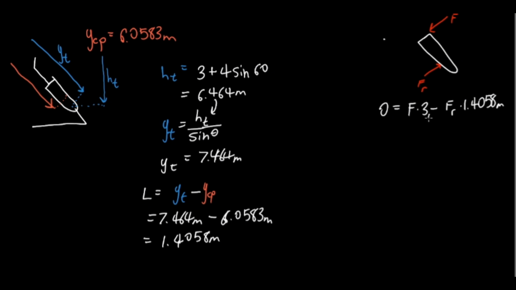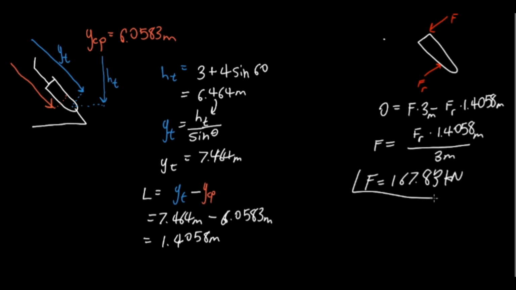That's meters. That's also meters. And so F is now equal to FR times 1.4058 over 3. And the meters cancel out. And our F is 167.83 kilonewtons. And that's the answer.